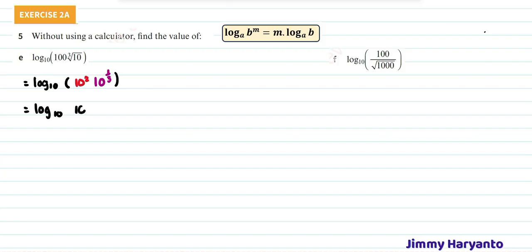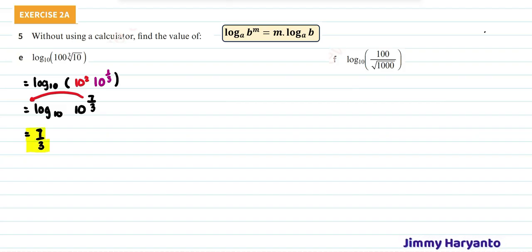When you have multiplication, you will add the powers, and when you add the powers, it will become 7 over 3. And then because we have powers, we can move the powers to the front using these properties. That means you'll have 7 over 3 log 10 of 10. Log 10 of 10 equals 1, so let's erase that one. The answer is 7 over 3. So this is the final answer.